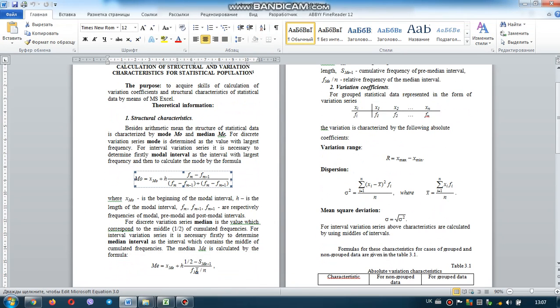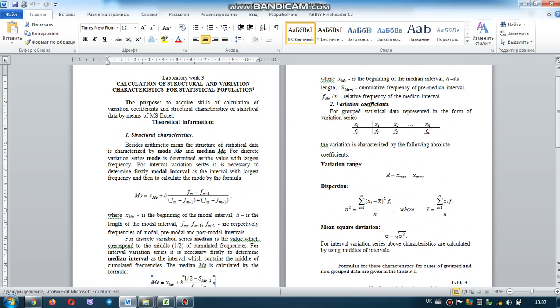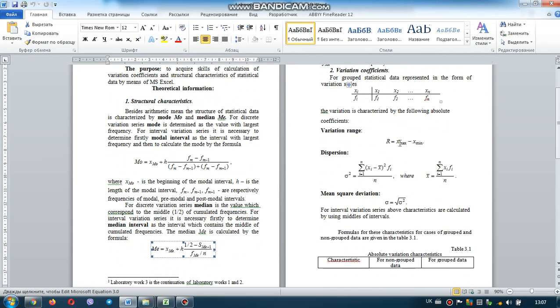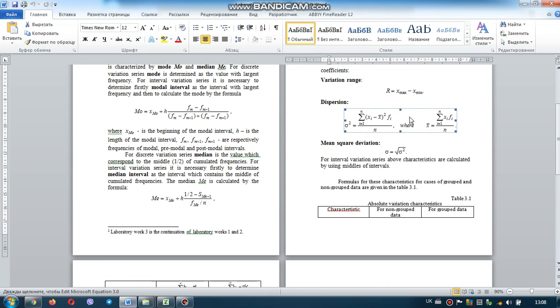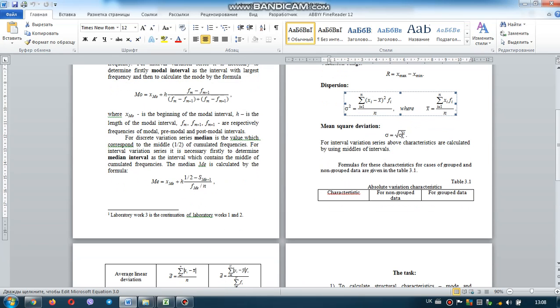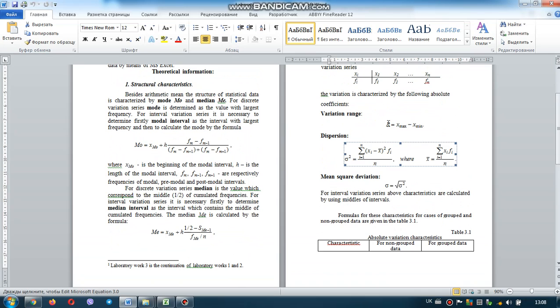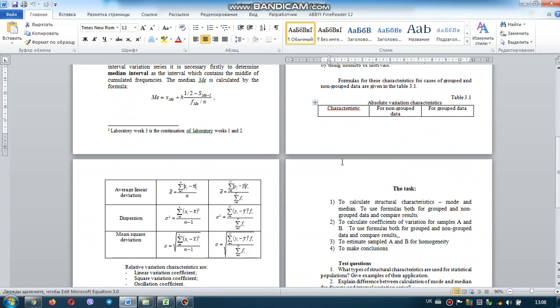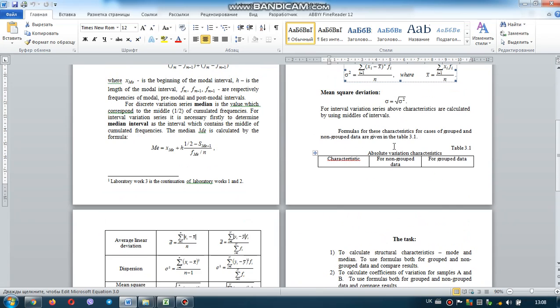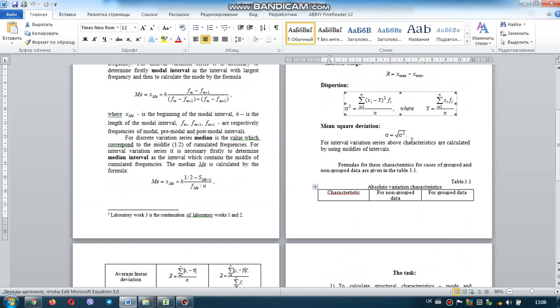These formulas offers the sample B. And these formulas as well. Our next step is calculation of the mean of the dispersion, mean square deviation, and average linear deviation. So let's try mean square deviation.